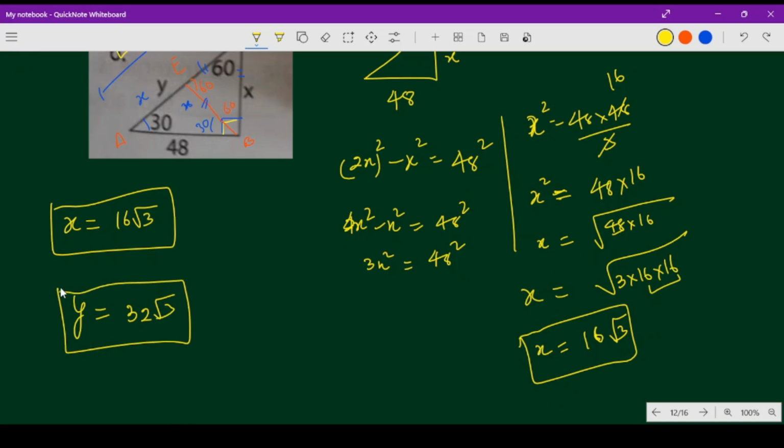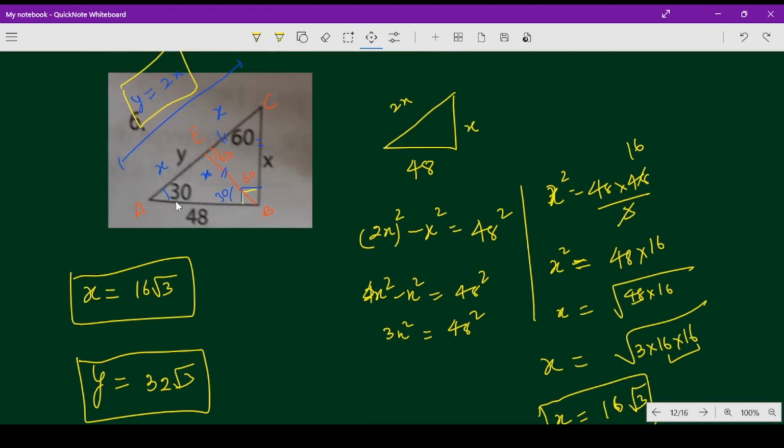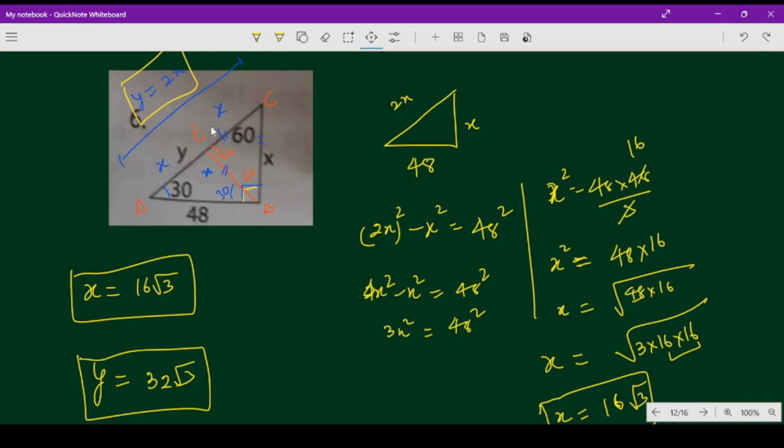So here I have discussed two examples in which, in a right angle triangle, the two angles are one is 30, other one is 60. So here we can always figure out that when the two angles are 30 and 60, the hypotenuse is just double of one of the sides.